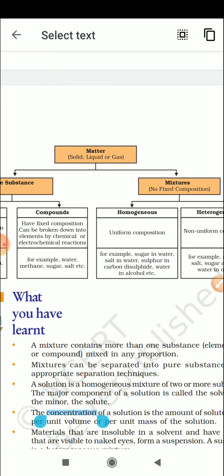What is homogeneous? Homogeneous means they have a uniform composition. Once made, you cannot tell that the mixture is made up of two or three things. For example, if I say make a lemonade for me, you are adding water, sugar, lemon syrup, and some more things like soda to make your lemonade tasty.